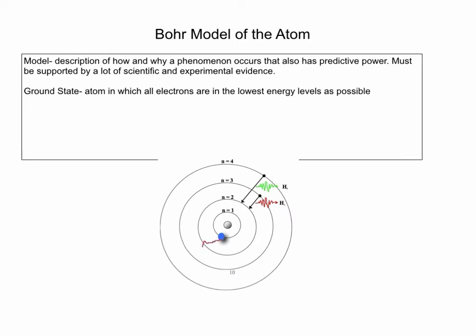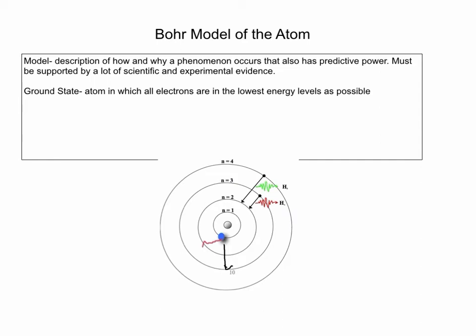That little squiggly line is a photon, and that has a certain amount of energy. When that photon hits that electron, the electron is going to move up to another energy level. Now, how far the electron moves, whether it just moves from 1 to 2, 1 to 3, or 1 to 4, depends on how much energy that electron has.